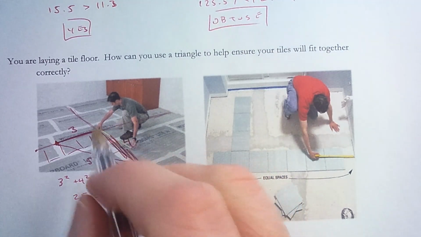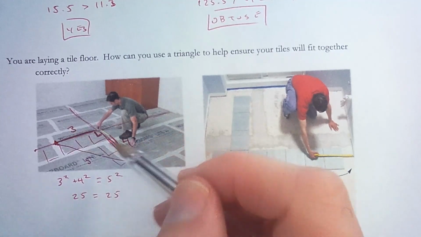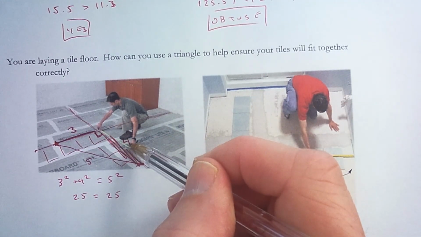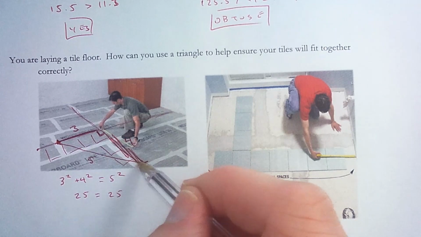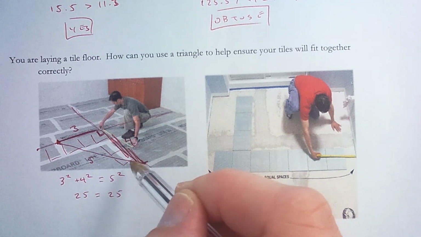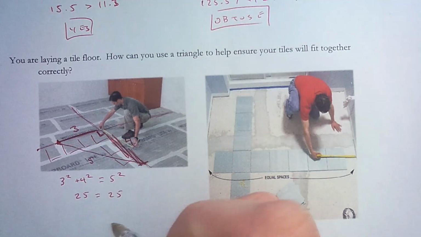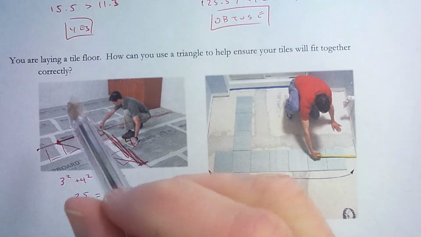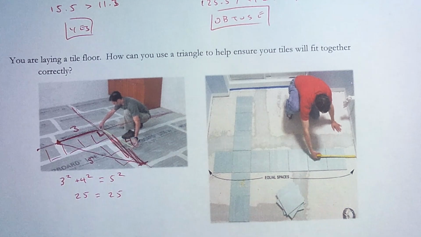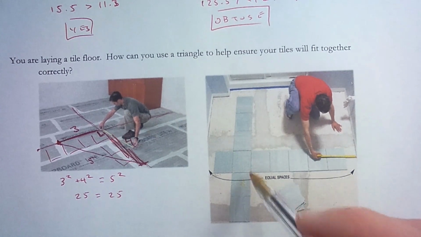You could use any Pythagorean triple for this. If I measured 5 feet and 12 feet, okay, then I would have to get 13 feet here. Okay, now 3 and 4 are much smaller measurements. It's a lot easier to manage than doing 5 and 12. So the very common way to do this is a 3, 4, 5 triangle. Okay, the same could be done right here.